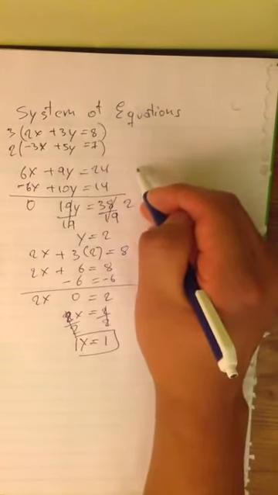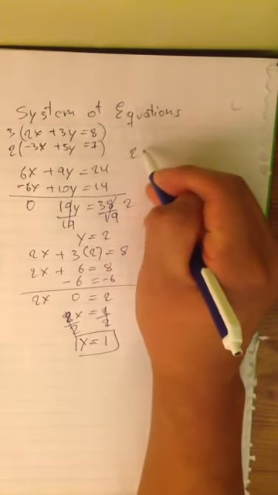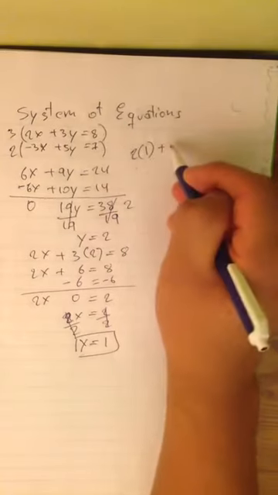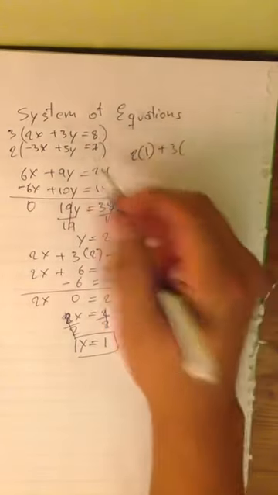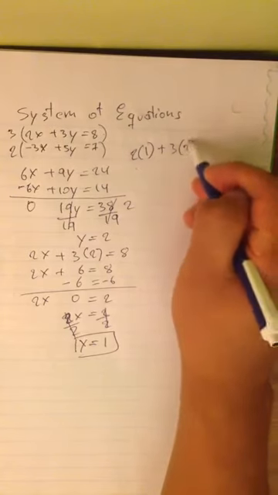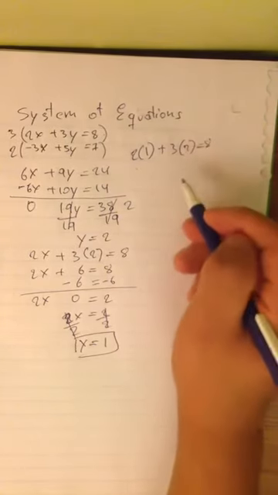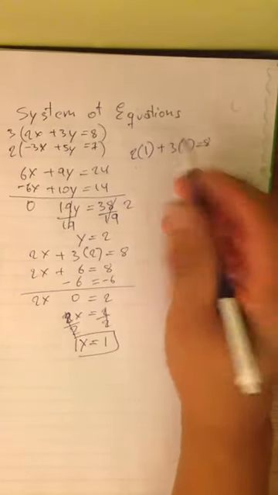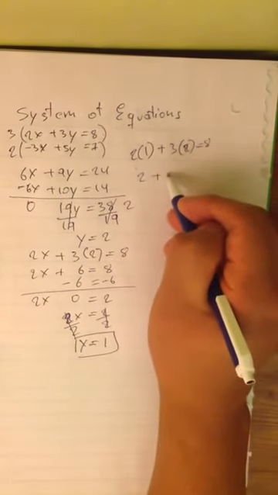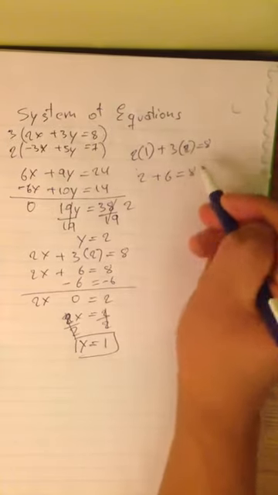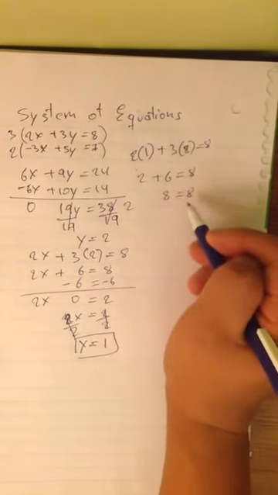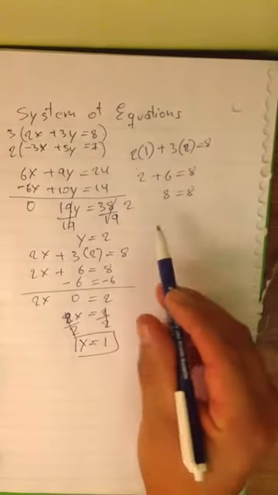So x is 1 and y is 2, equals 8. 2 times 1 is 2, plus 3 times 2 is 6. And as you can see, we get 8 equals 8, so that means what we did is right.